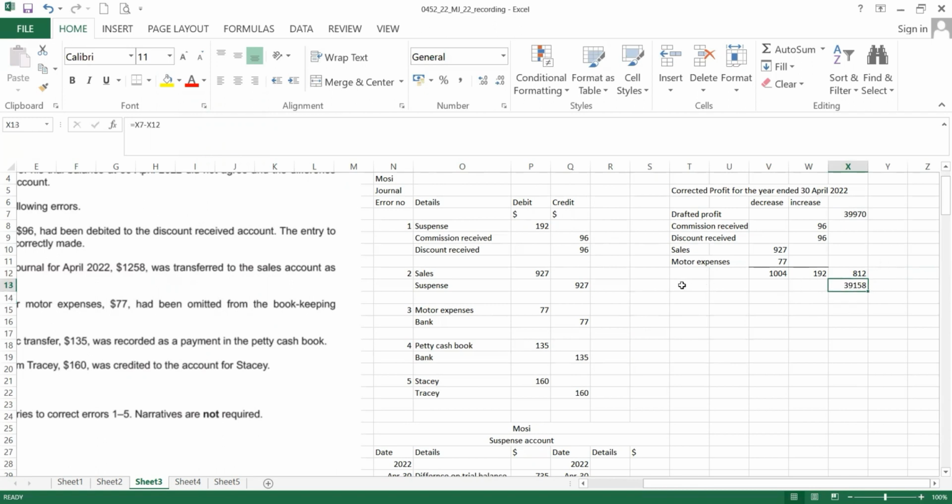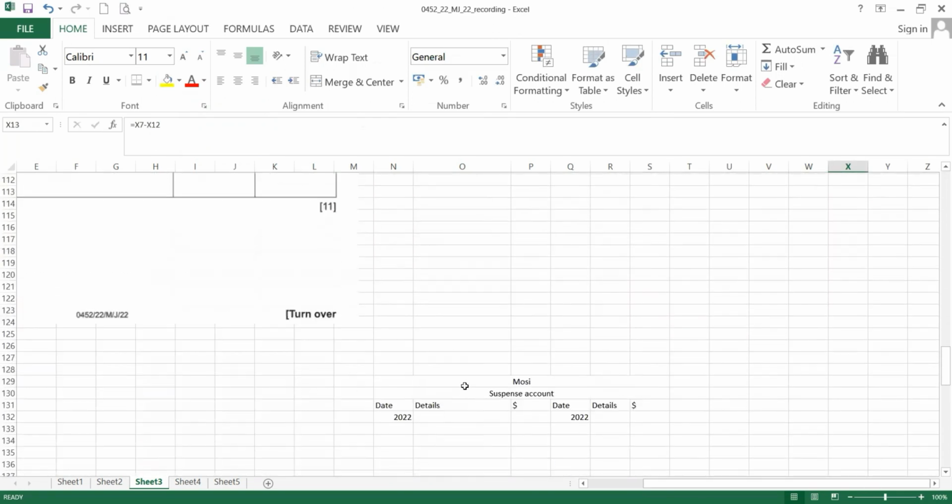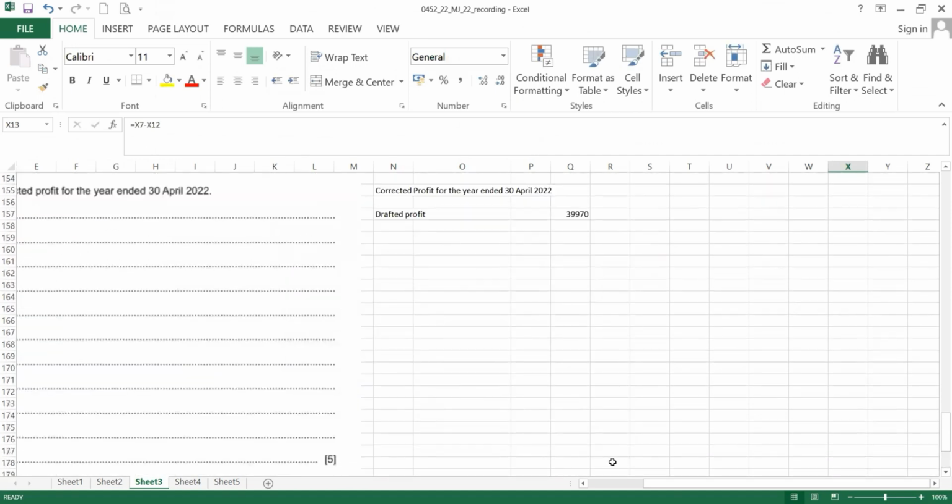Okay, so this is the revised or corrected profit. So 39158. Okay, the next one. Let's see what else the question has. Okay, that's all for it.